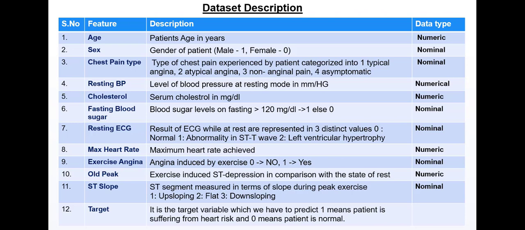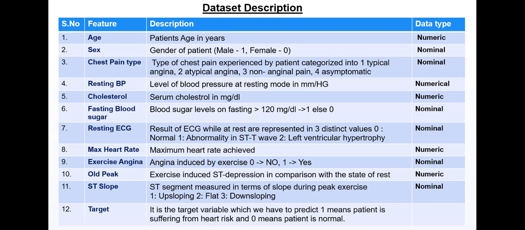Next comes the resting ECG. This is the result of ECG while the patient is at rest, and it is represented in three distinct values: abnormality in ST-T wave, left ventricle hypertrophy, and 0 is the normal. Okay.